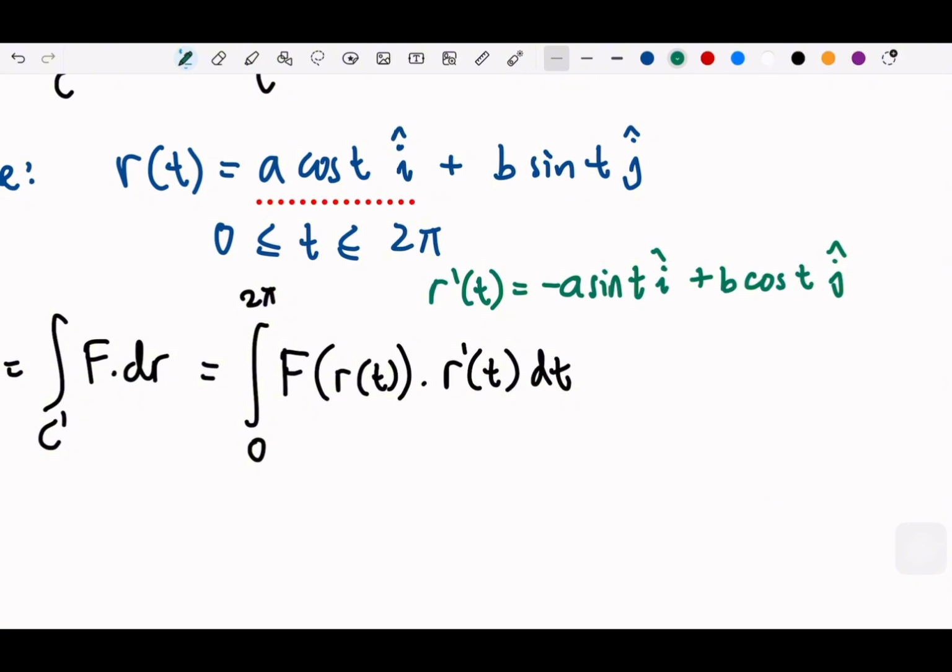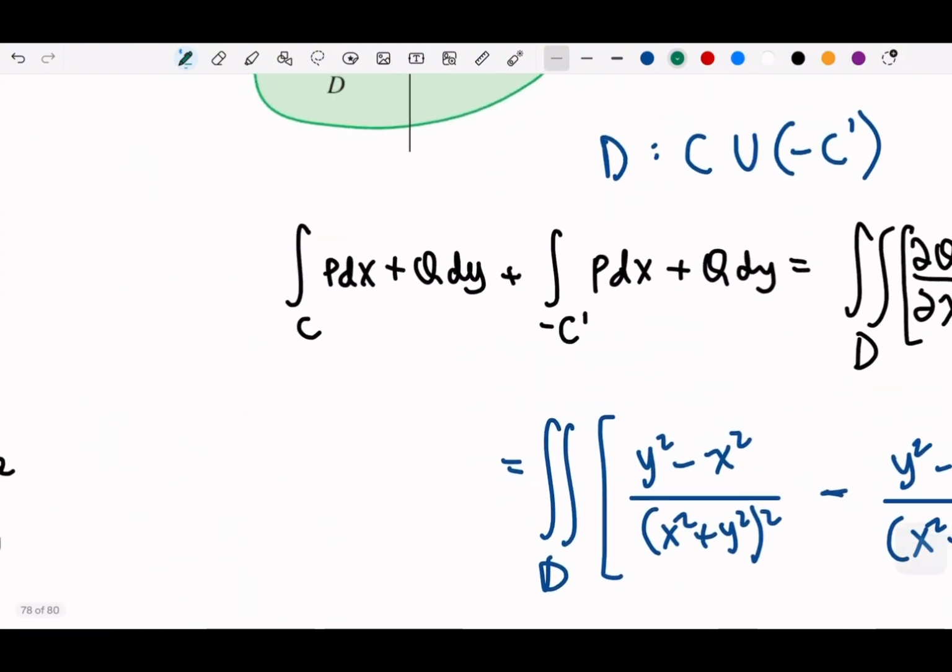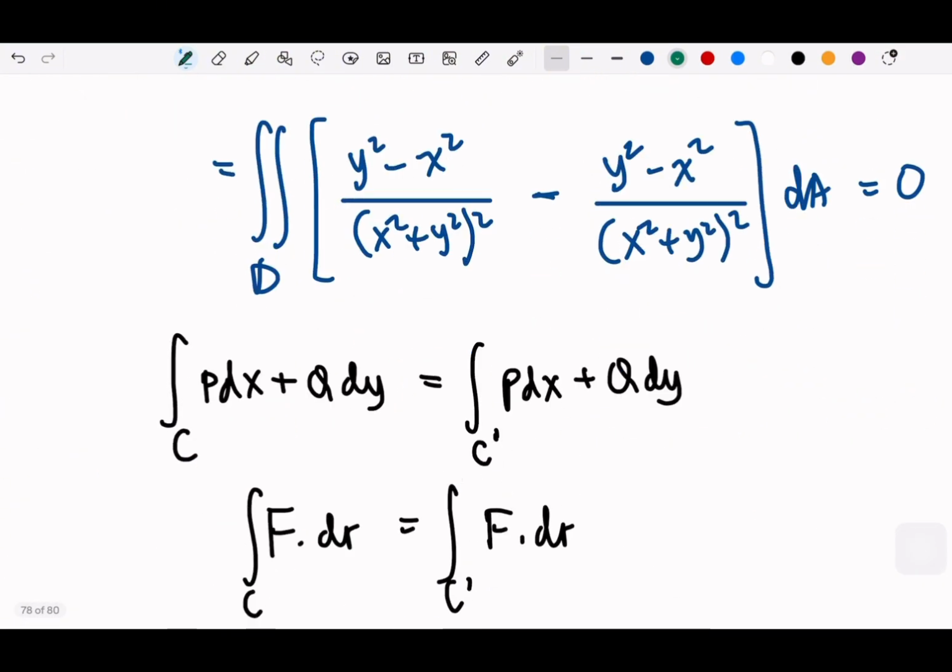Oh, I think not b. Sorry. It should be the same a. The coefficient should be the same, because the radius is a. I forgot to mention, radius is a, so it should be a.